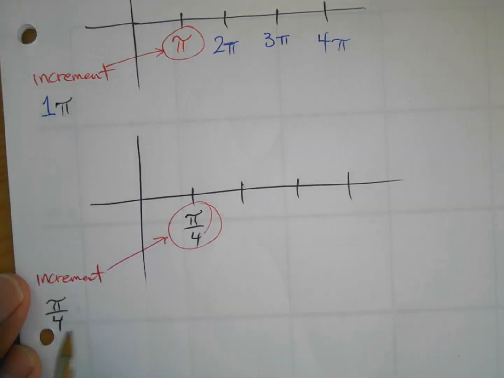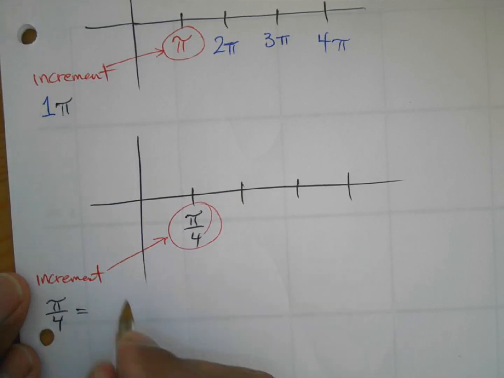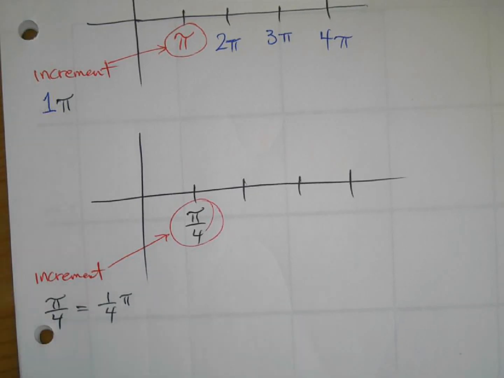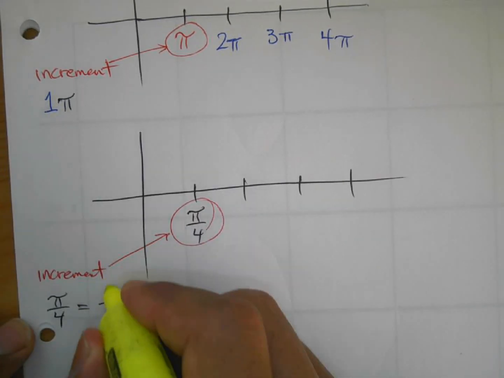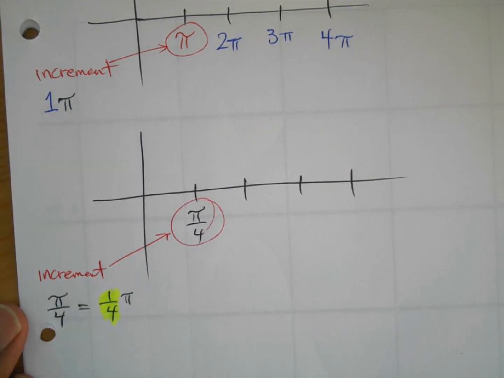You just look at either the number or, in this case, a fraction. This pi over 4 is equivalent to 1/4 pi, or 1 pi over 4. It's really a fraction. It's 1 over 4. They're not writing the 1, but you're concerned with this. Leave the pi alone. You just worry about this number here, or in this case, this fraction. 1/4. You're really counting by 1/4. So that's 1/4 pi, or pi over 4.